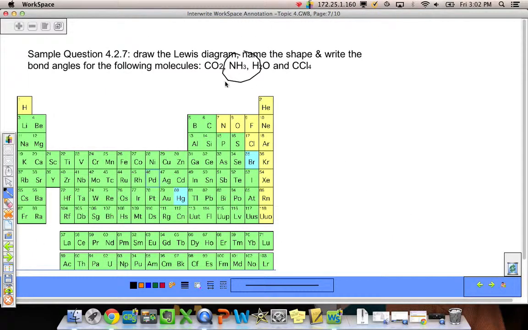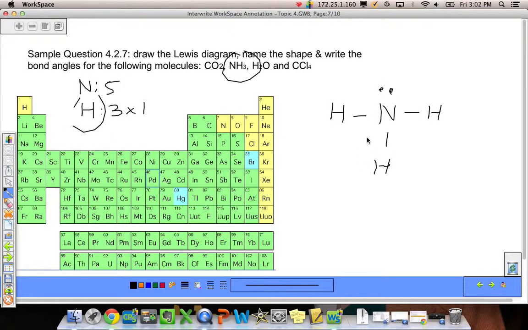Next, I have NH3. My nitrogen has 5. My hydrogen, 3 of them, each have 1. This is an exception to the octet rule. Hydrogen only needs 2. If I start putting more around that, it becomes unstable. So I draw this out. And I have a complete octet, and I've met my rules for total numbers.